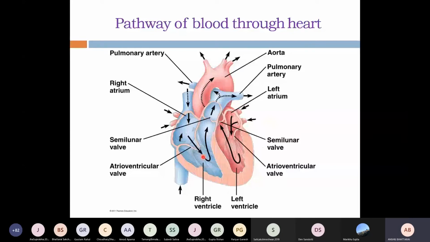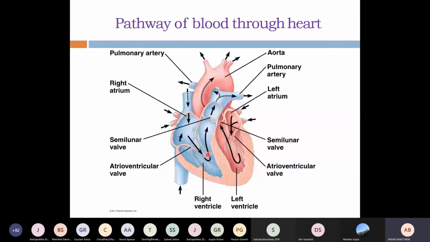But still, when these ventricles are contracting, blood can regurgitate from the ventricles to the atria if the valves are not present. So these act as gates which close to prevent the backflow of blood from the ventricles to the atria. This is the function of the AV valves.